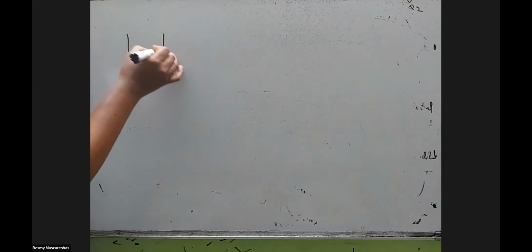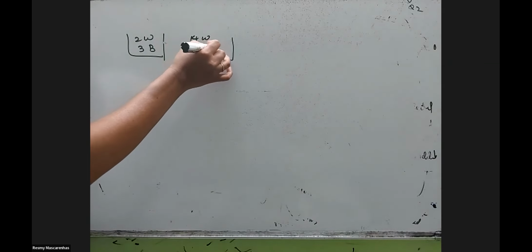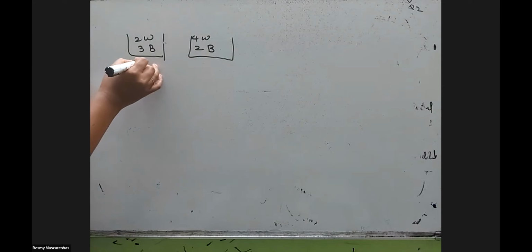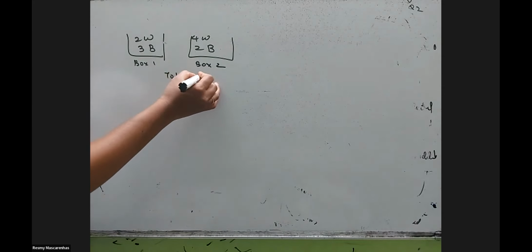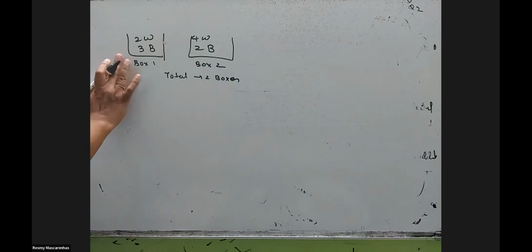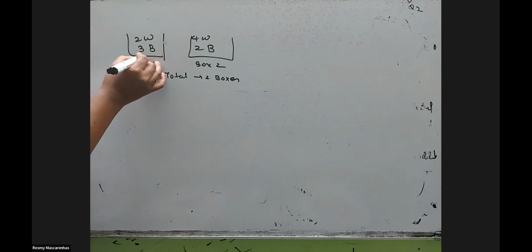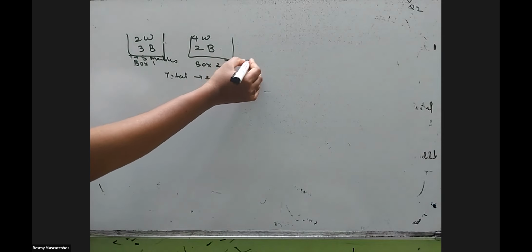So there's one box with 2 white and 3 black marbles, and box 2 has 4 white and 2 black marbles. So this is box 1, this is box 2. Total how many boxes? 2. Here total how many marbles are there? Total 5. Here total 6 marbles.